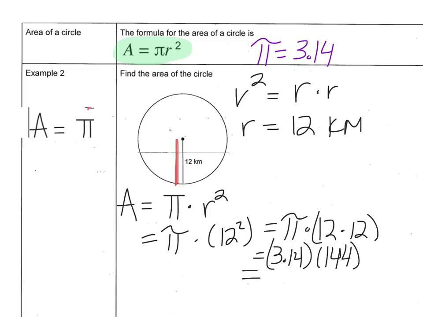Use a calculator real quick. 3.14 times 144 is 452.16 kilometers squared. So whenever you're dealing with area, it's going to be units squared.